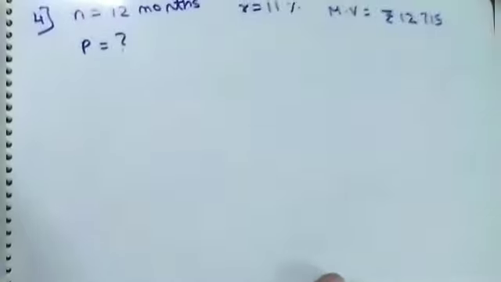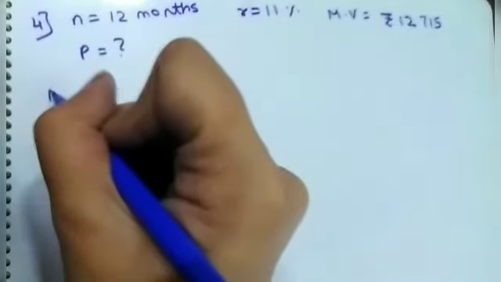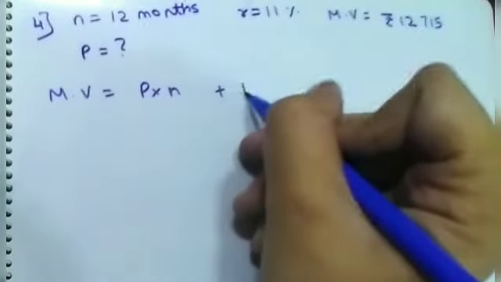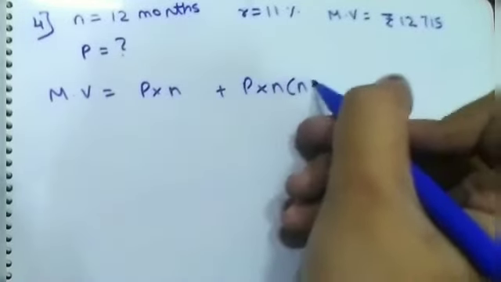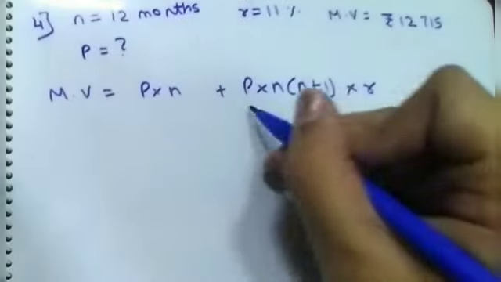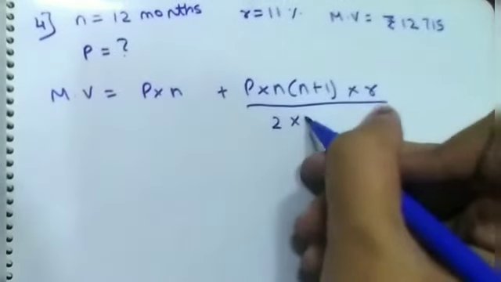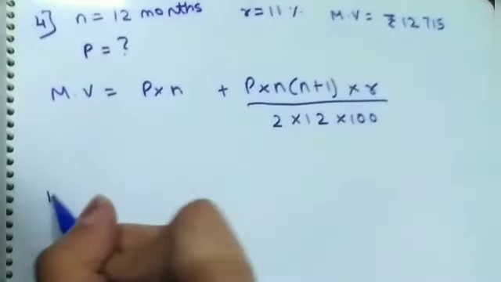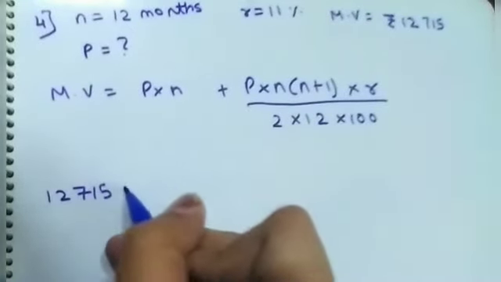So we will apply the formula. MV equals P into N plus P into N plus 1 into R divided by 2 into 12 into 100. Now what is MV? MV is 12,715.